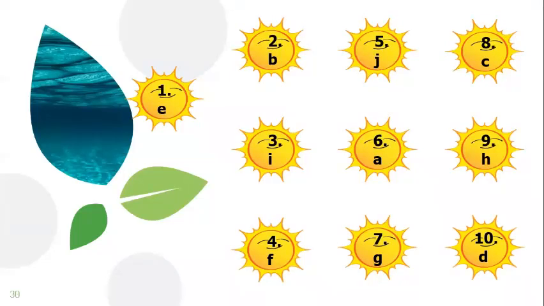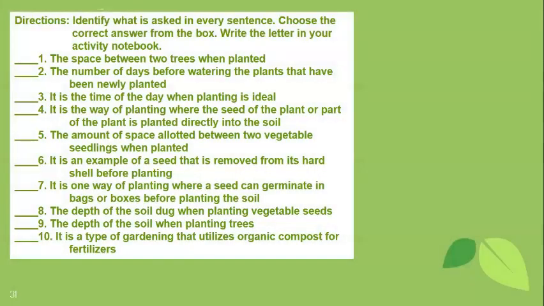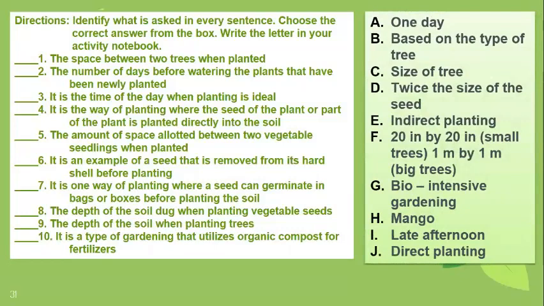Okay, ready for the next activity. Identify what is asked in every sentence. Choose the correct answer from the box. Write the letter in your activity notebook. Get it? Very good.